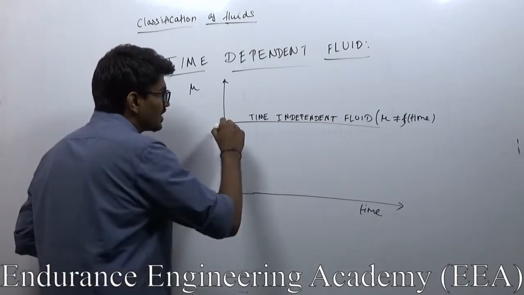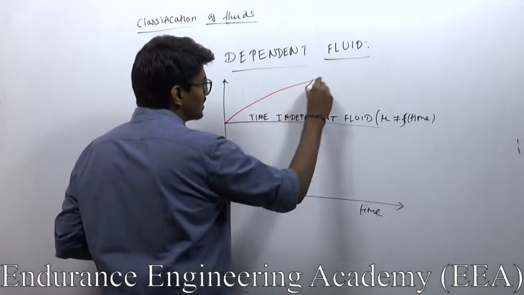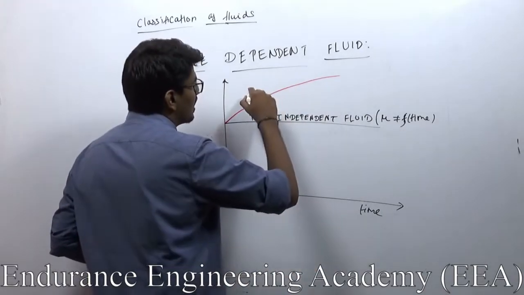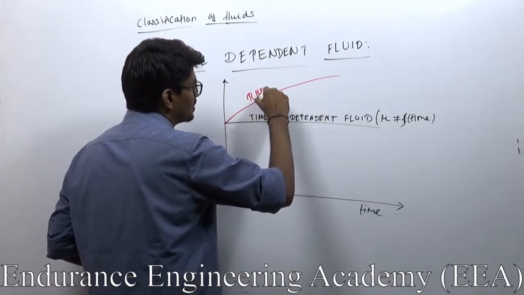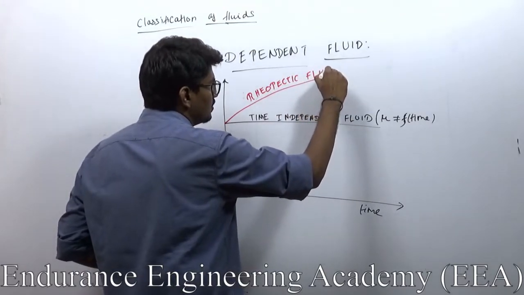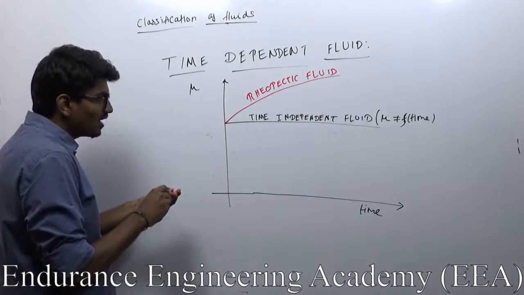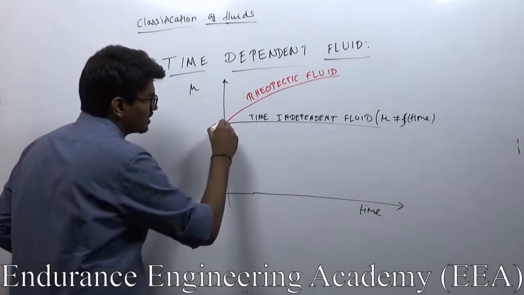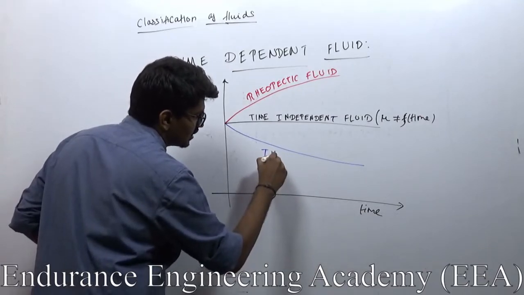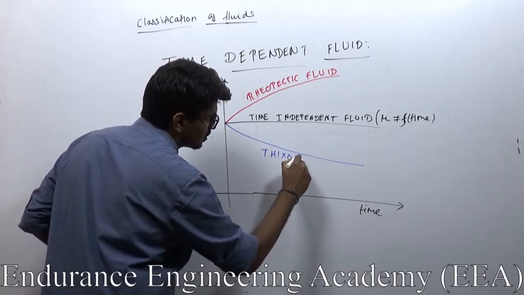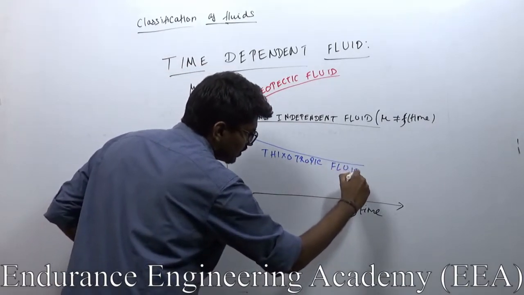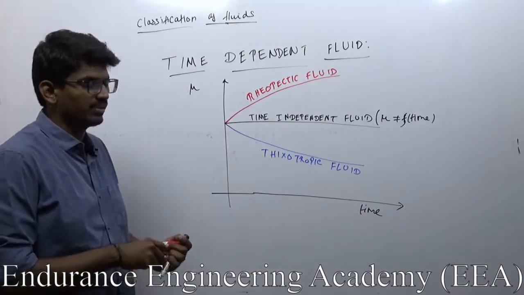First, viscosity increases as time increases, and those types of fluid are called rheopectic fluid. Second, viscosity decreases as time increases, and those types of fluid are called thixotropic fluid.